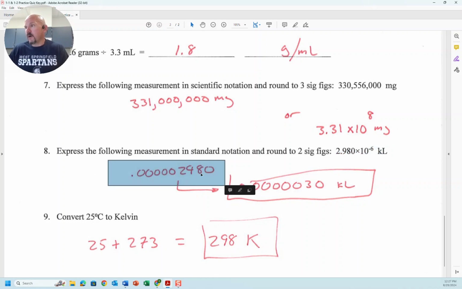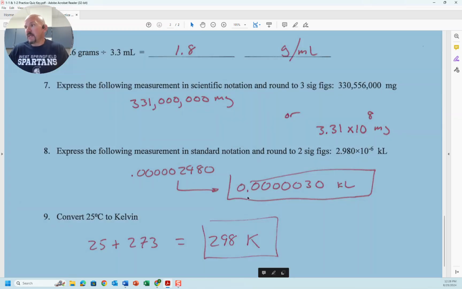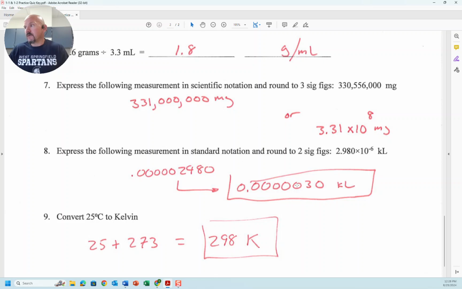So this is a case where, okay, 1, 2, the 8 is going to round the 9 up to a 10, so that 9 is going to become a 0, but then you got to put a 1 on top of the 2, and the 2 is going to become a 3. So it's going to end up being 0.000030, and that would be 2 sig digs, because remember, this 0 is significant because we have the decimal point there. Okay, trailing zeros are significant if you see the decimal point.